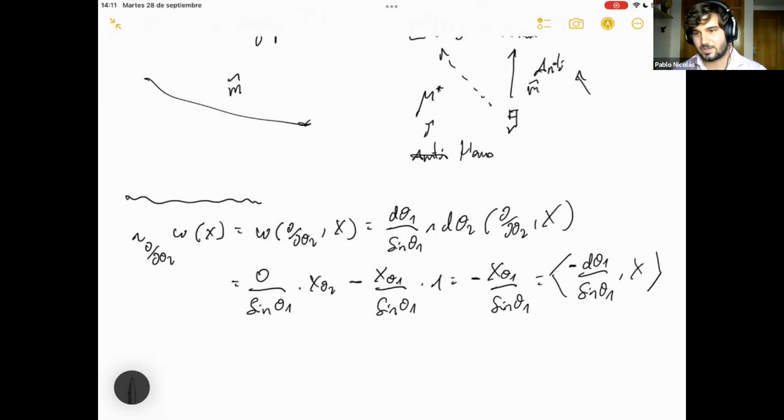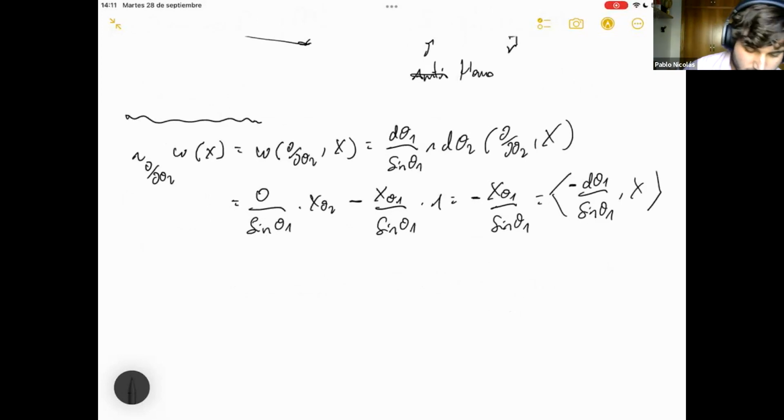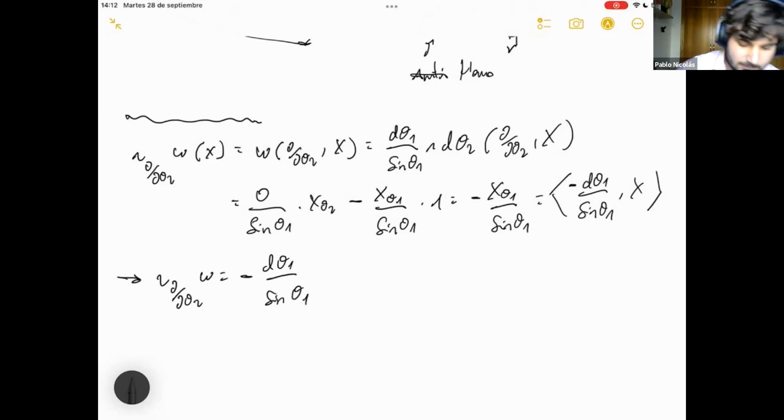This is how I write contractions, because I told you my notation comes from differential geometry. But so we get that the contraction is actually minus dθ1 divided by the sine of θ1.